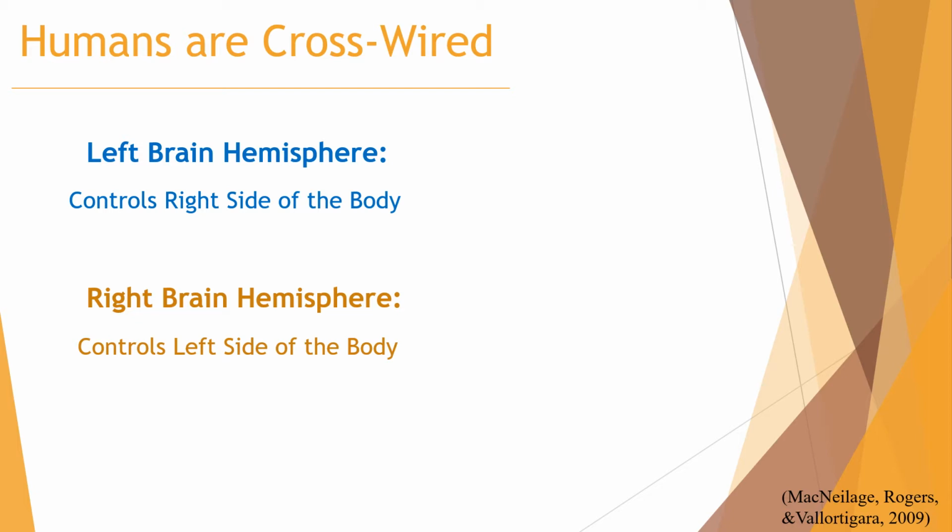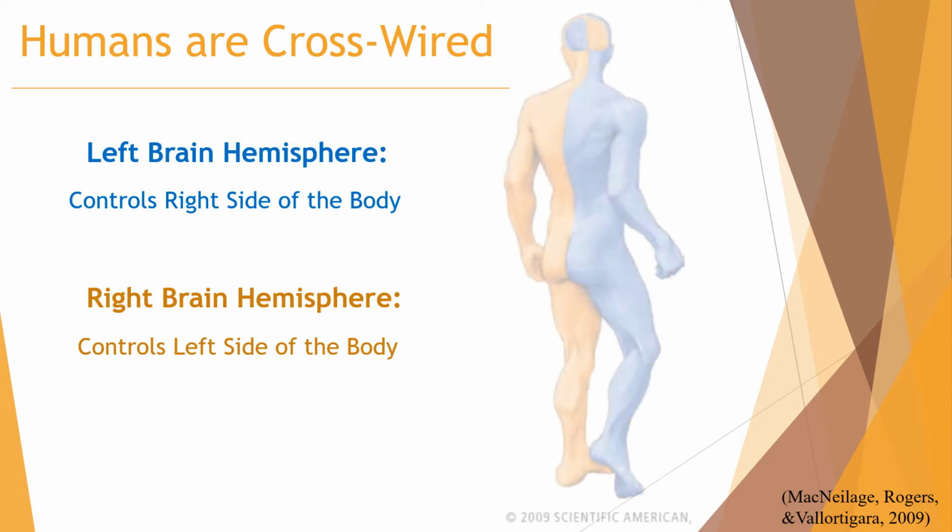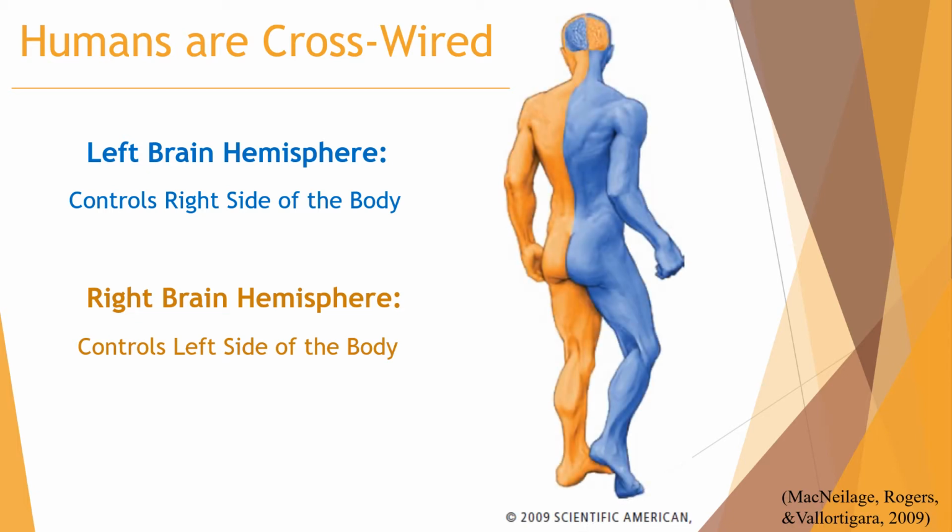Looking at the same article, the authors highlight how the brains of humans and other vertebrates are cross-wired. What this means is that they've found, let me get my handy dandy laser pointer, that the left hemisphere, which you see here in blue, is linked to the nerves and the motor skills of the right side of the body.